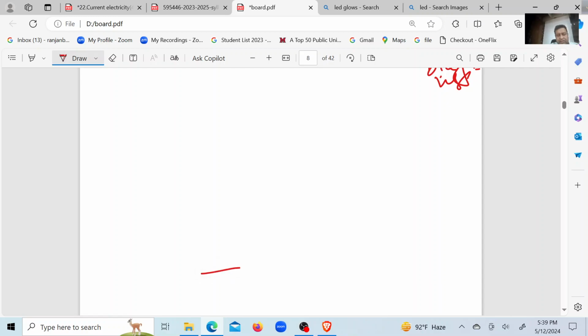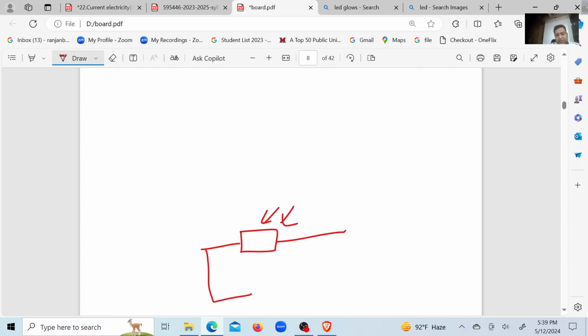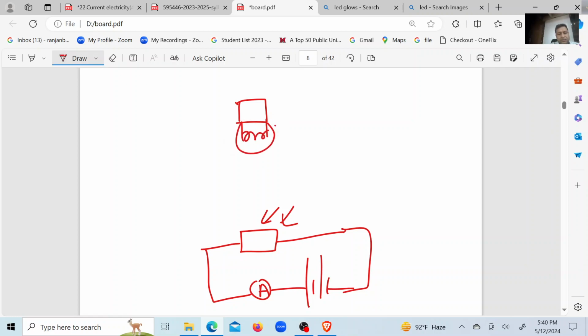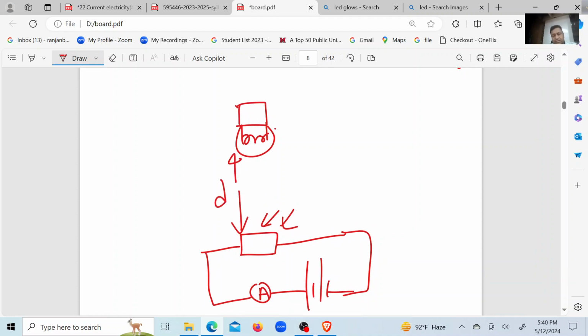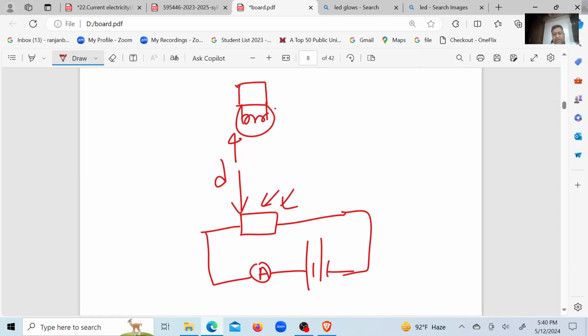What could be the question? This is an LED. This is an emitter. This is a lamp. Now, if the question is: if the distance is decreased, then what will be the current rating? Very simple.